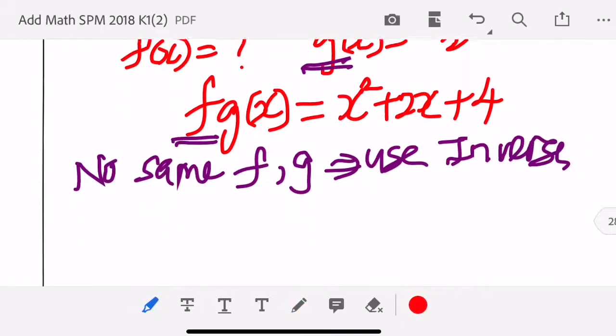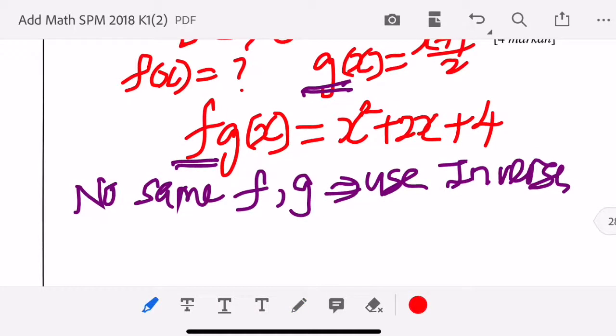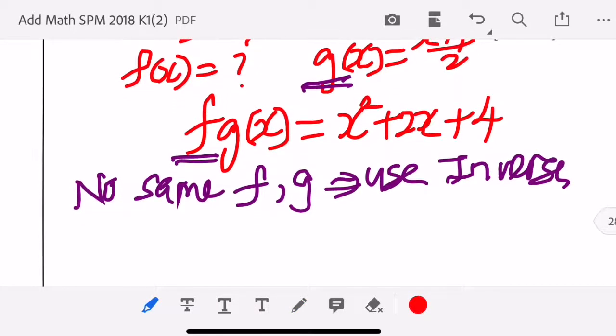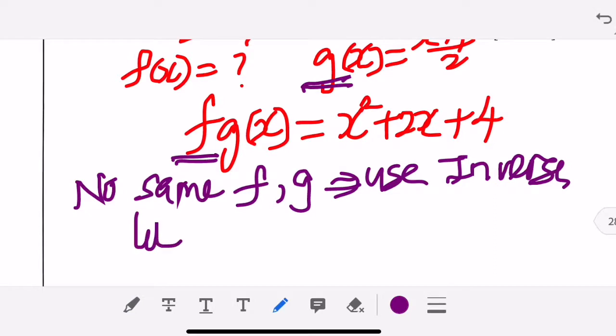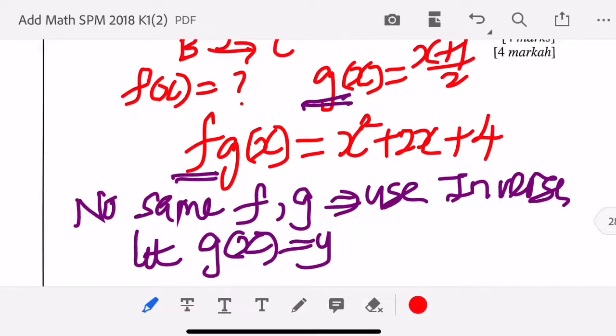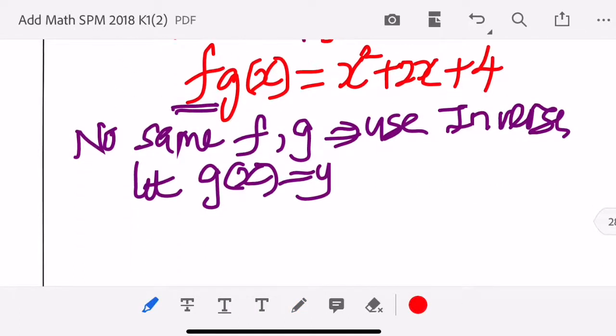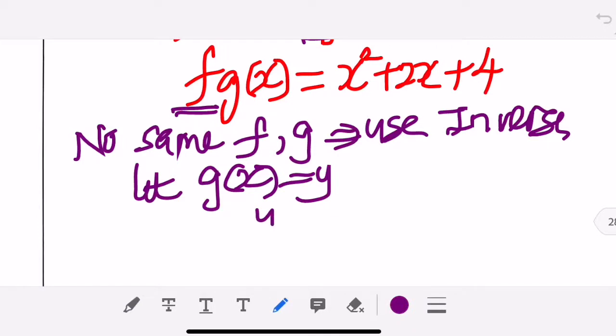Please memorize the steps. If you can memorize the steps, that means you can do it. If you cannot memorize the steps, you cannot do it. Let g(x) equal to y. Then substitute into the g(x), y equal to (x plus 1) over 2.